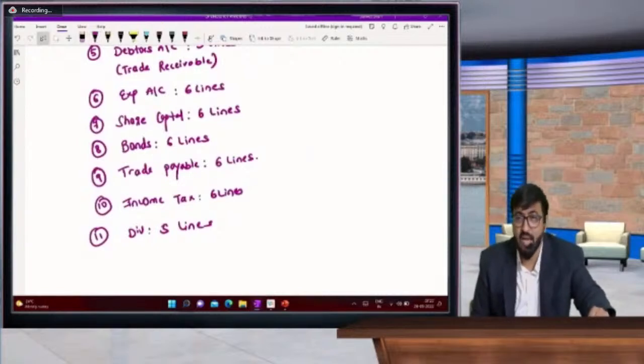Chalo, start fast, prepare it. Yes, my friends. Focus. Only one effect that we are going to give. So we'll start with plant asset. 11 accounts that we are going to open for this. Fatafat, fatafat, fatafat. Instead of addless, we are going to solve this problem by preparing T formats.